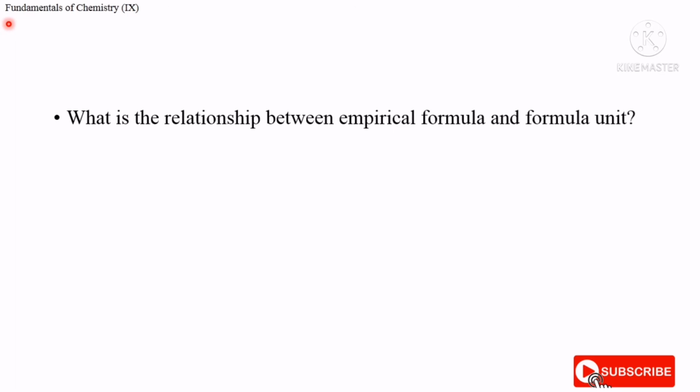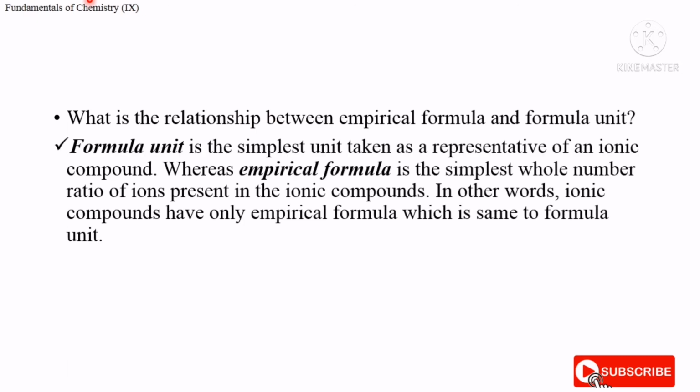Now question number 1, what is the relationship between empirical formula and formula unit? As we know, the formula unit is always used for the representation of an ionic compound, that is the simplest unit, whereas the empirical formula is the simplest whole number ratio of ions present in the ionic compound.